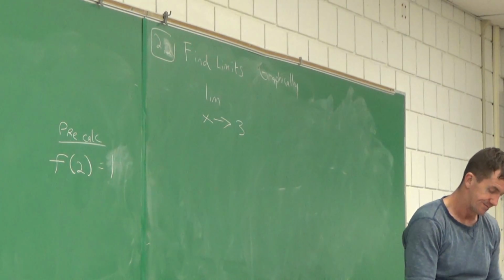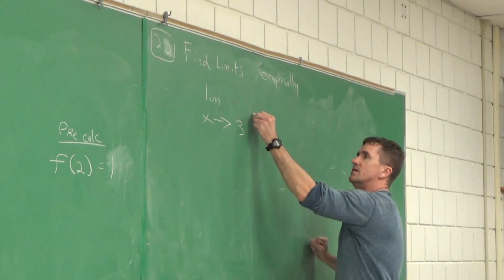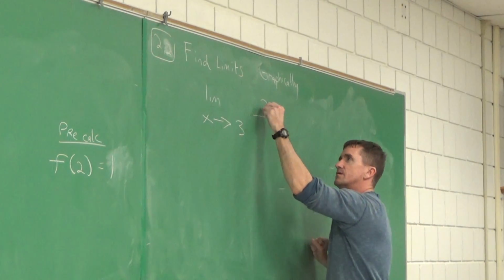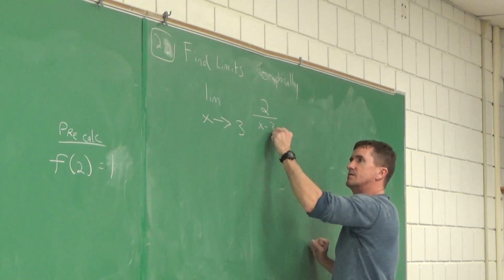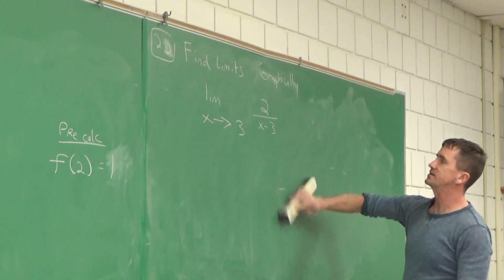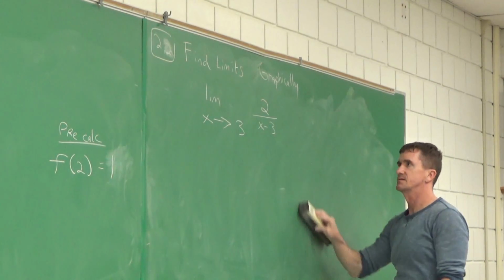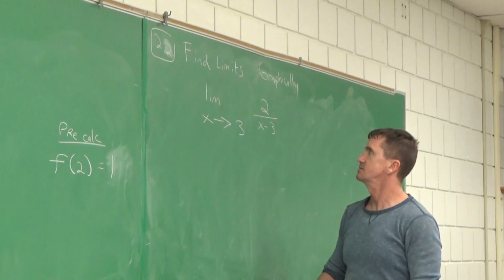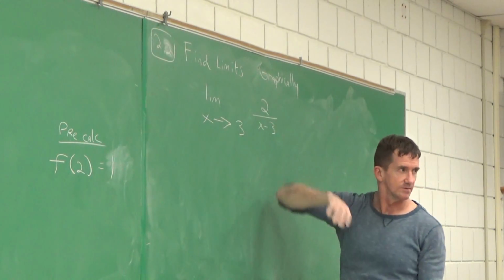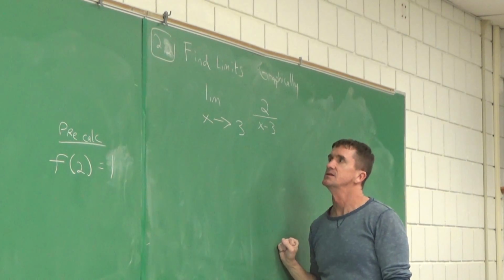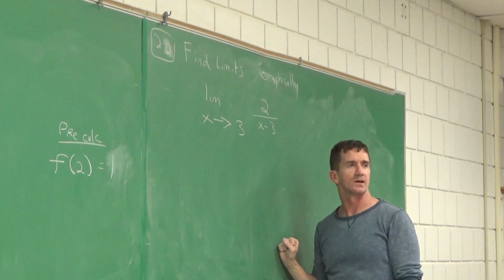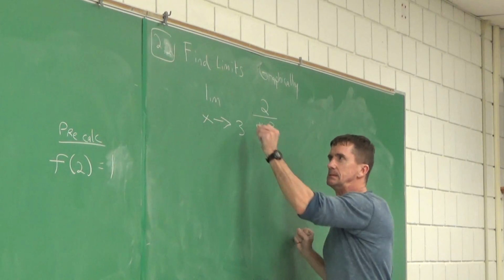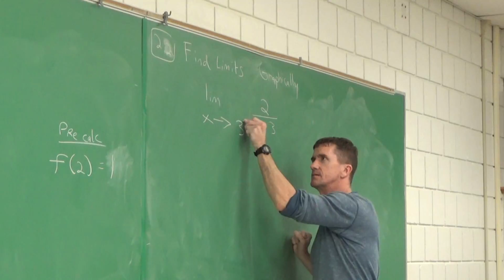How about 2 over x minus 3? If you want to make this graph with your calculator, you can. Now notice I put the function in here. I want us to find this. I'm going to do one more thing though. I'm going to put a little minus there.